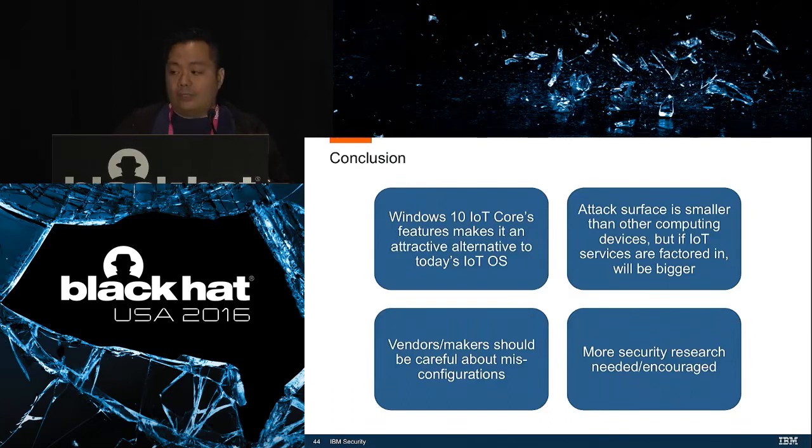To mitigate the risk against this attack surface, vendors and makers should be more wary of misconfigurations that attackers may take advantage of. Lastly, it is my hope that to counter the potential attacks on Windows 10 IoT Core devices, more people will engage in security research aimed at this OS, and that this talk has somehow helped encourage it.